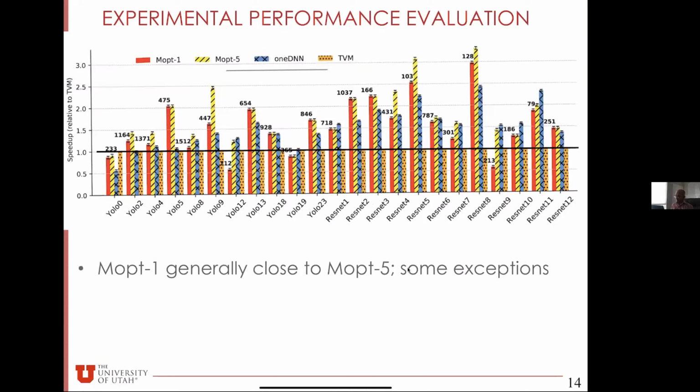So what we see is that in general, mopt1, that's the best configuration chosen, is close to mopt5, but there clearly are a number of exceptions. The reason for this is that the modeling approach that we implemented only models directly the data movement volume, and then we have a slightly ad hoc way of enforcing some tile sizes for the parallel execution.